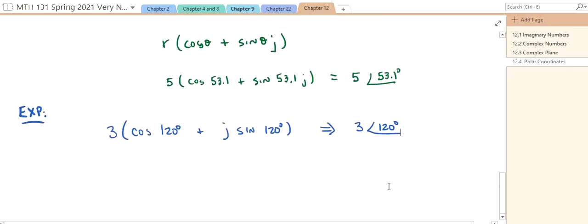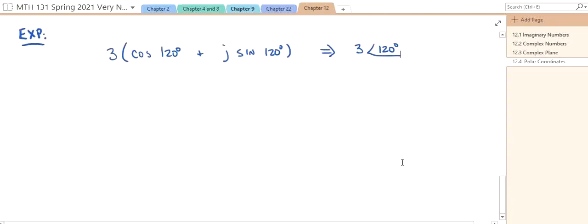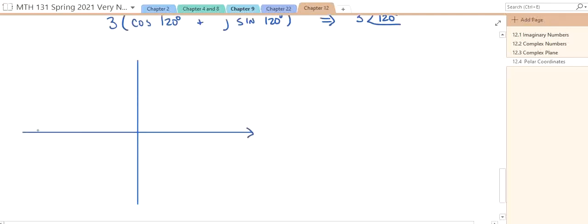And we could easily plot that if I wanted to. One, two, three. 1, 2, 3. So this is 90 degrees here.